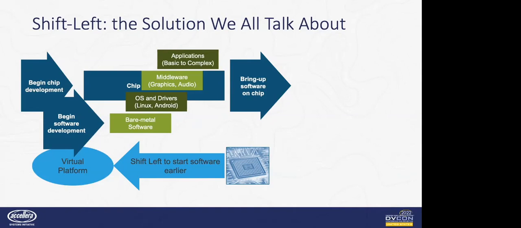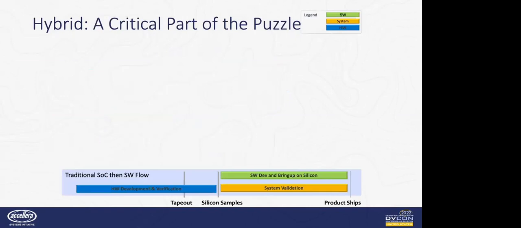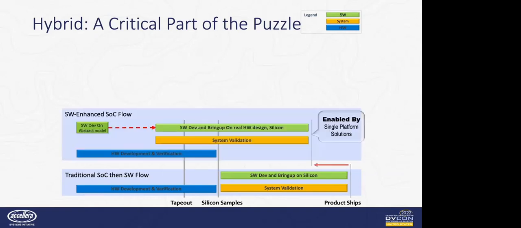So let's look at that in another way. So instead of just that simple shift left, let's look at a timeline here. In our traditional flow, we've developed our hardware, we've verified it, we've taped it out. Sometime later, we've gotten a sample in, we've done our software bring up, we've done our software dev, we've done our system verification, the product has shipped, yay, all is well and good. Then we brought in the virtual platform.